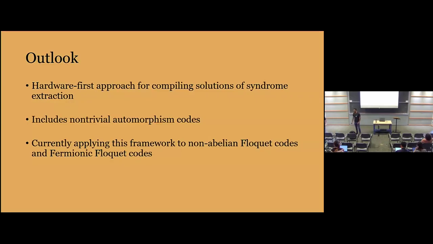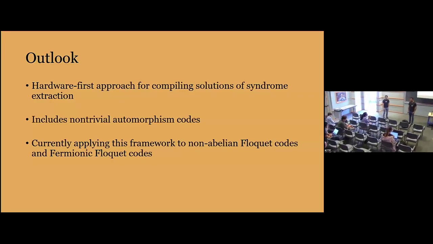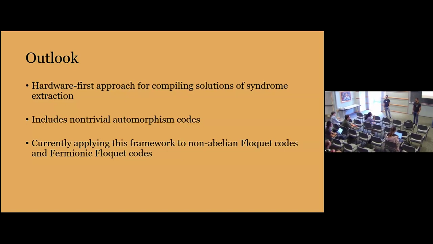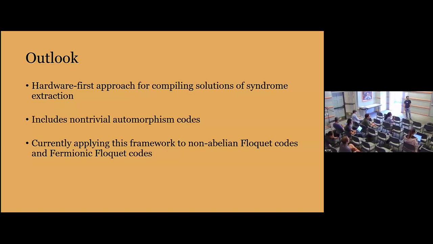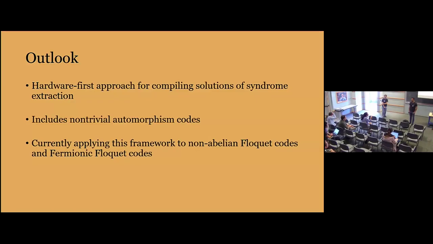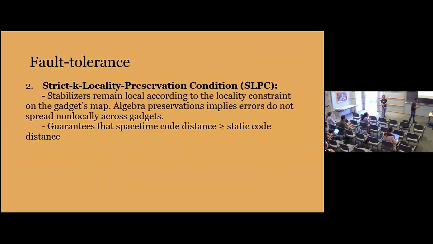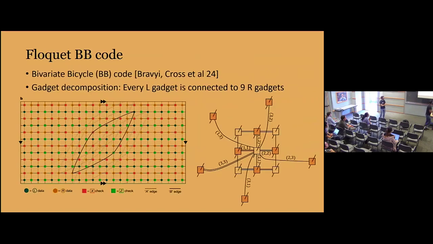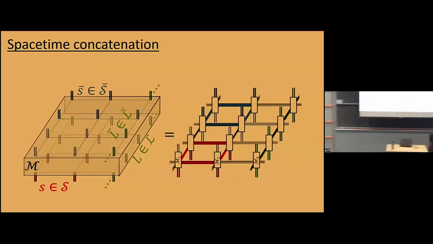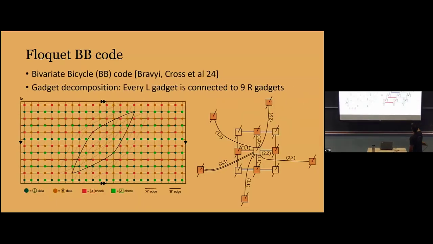On the BB code gadget that you had, there were 5 long-range legs. I can understand 4 out of the 5 from the Tanner graph, but where does the 5th one come from? I have 6 in total, because there are 4 of these and then 2 over here.